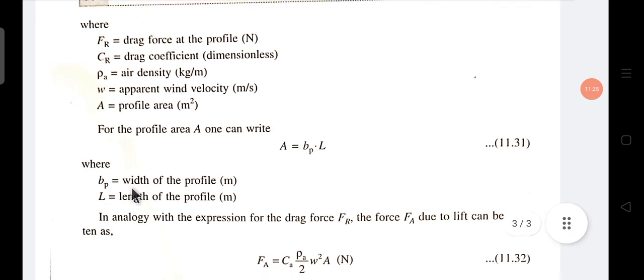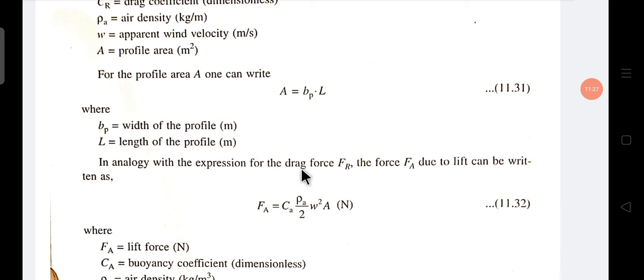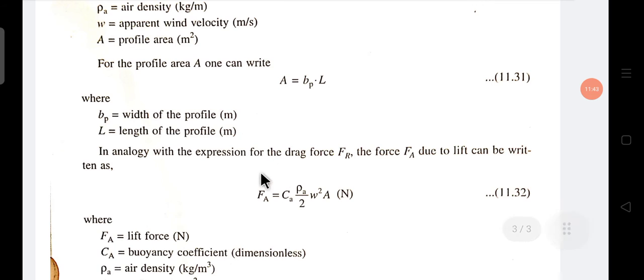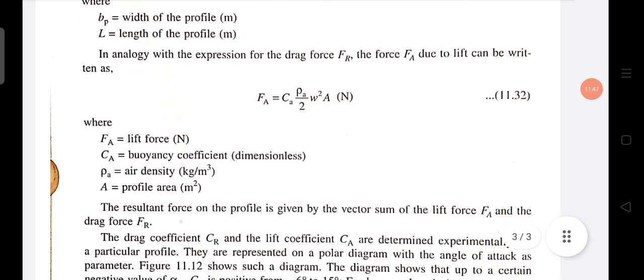Now, by analogy with the expression of the drag force Fr, the force due to the lift, Fa, that means the lift force, is given by this formula.